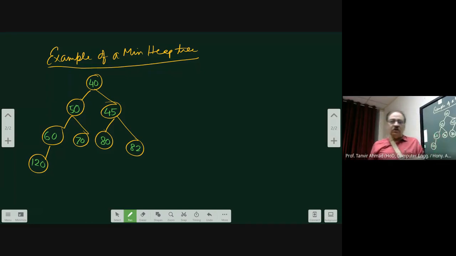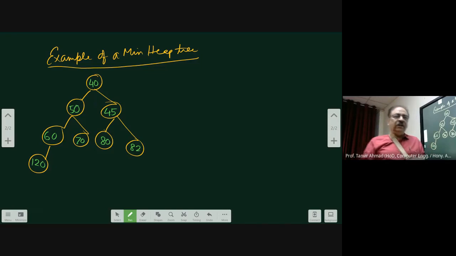If you are going to perform sorting in ascending order, make a min heap tree. If you are going to perform sorting in descending order, make a max heap tree. Therefore, if I have numbers and I have to sort them in ascending order, obviously, I will use a min heap tree.